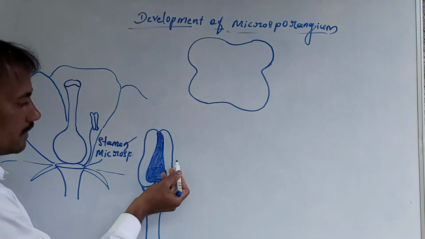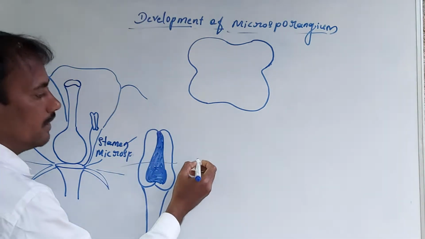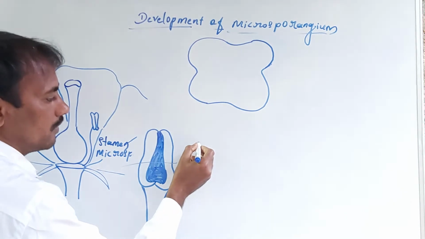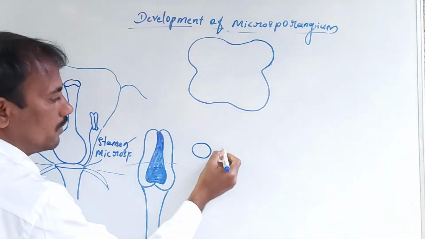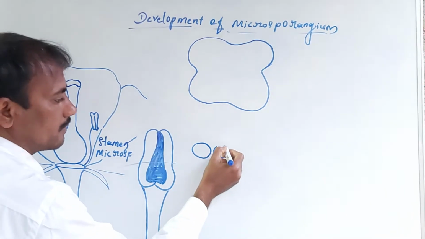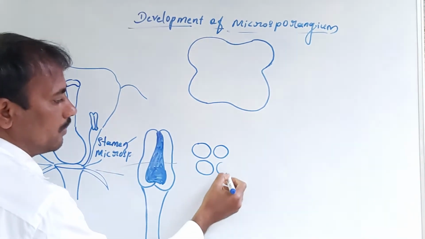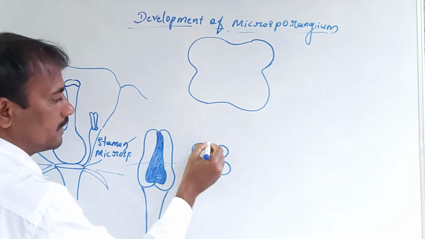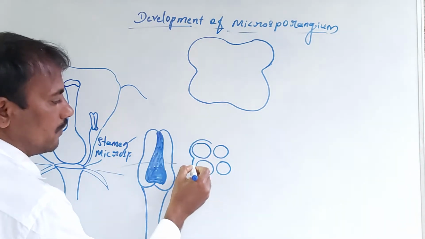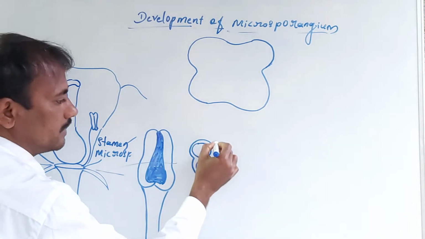The transverse section of the young anther reveals the presence of four loculi like this. Four loculi, or four microsporangia.